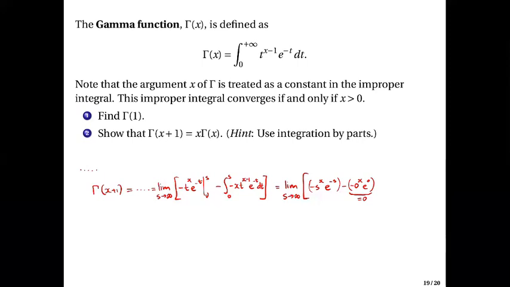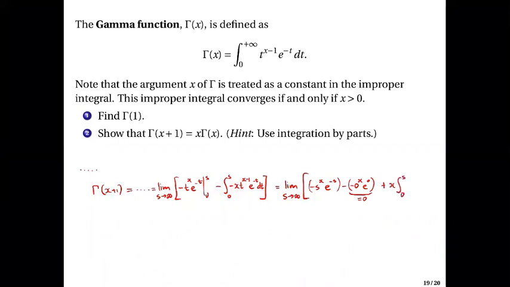But what about this guy? We have this negative there, so it becomes plus. And then you have this x here. Take note, the variable of integration is t. So x is constant, and it can go out of your integral. So this will be x times the integral from 0 to s.